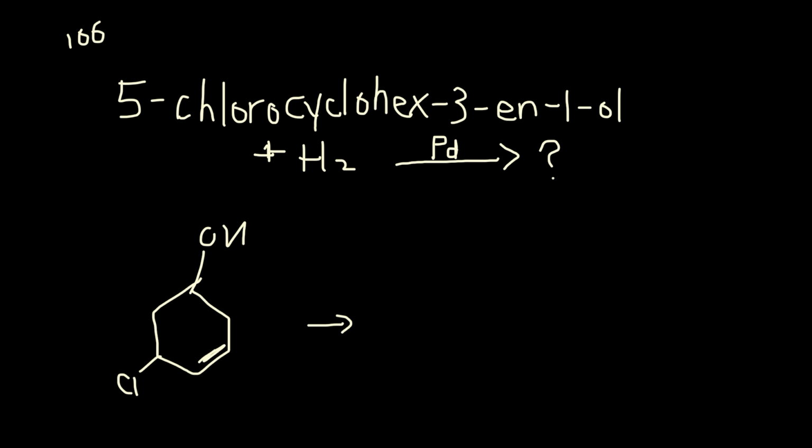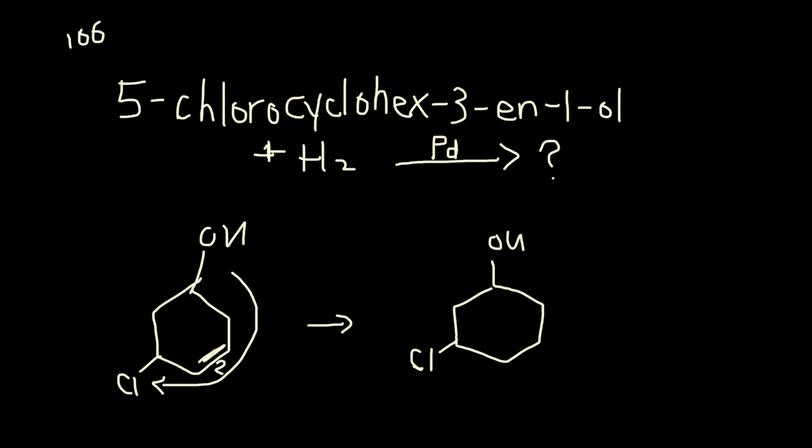Okay, so draw it out. If this alkene disappears, you're going to have this molecule, and instead of counting this way to give the alkene the second priority, now in the new molecule you're going to count this way, which means instead of 5-chlorocyclohexene, it's now going to be 3-chloro.